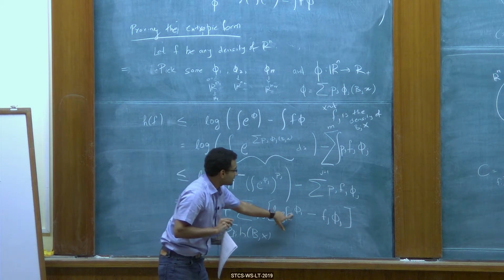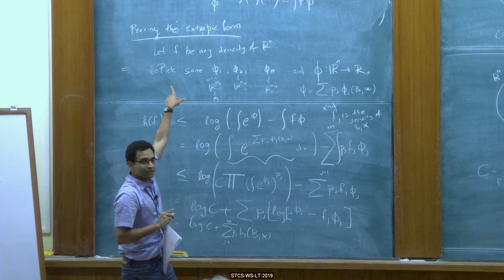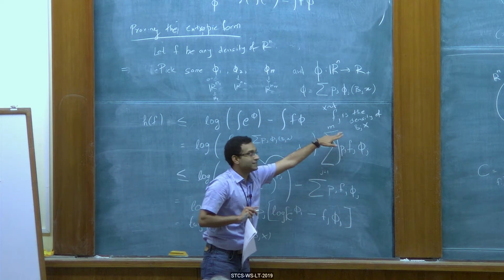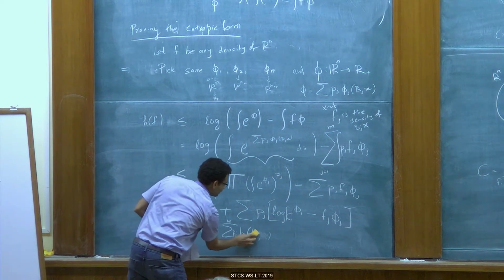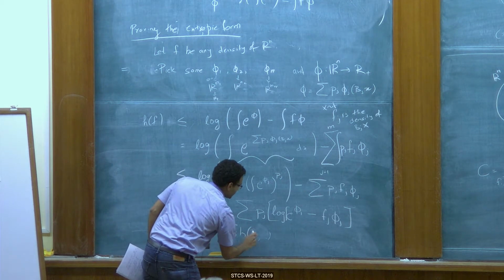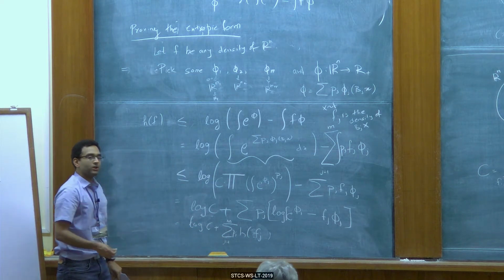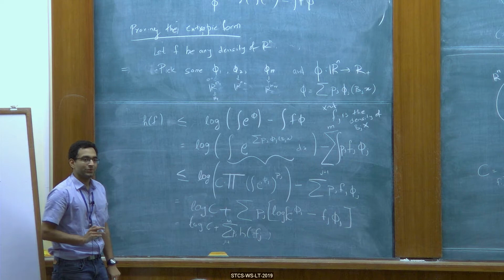If I plug in the best possible phi, I'm going to get the entropy of this fj. Now, I'm going to get h of fj. H of fj is basically h of bjx because fj is the density of bjx. So I could as well write this as h of fj, and h of fj is the entropy of the random variable bj times x.